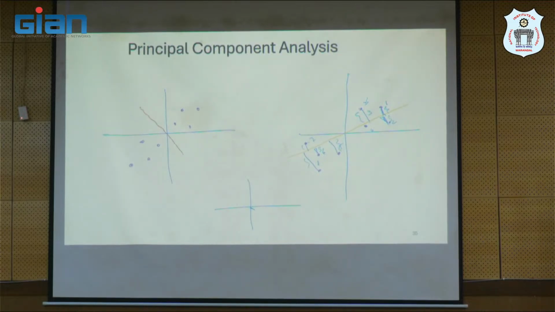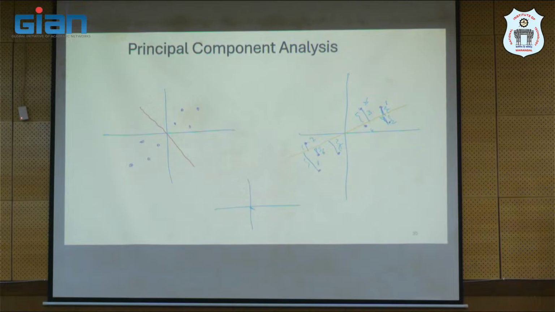So let's say I draw a line here. The purpose of drawing a line is that I am assuming that all the data points are on this line only. That is not true, but that is my assumption. How far away am I from my assumption?